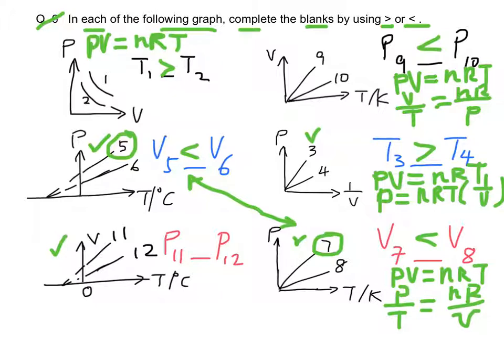For this graph, V against T in degrees Celsius, you can compare the graph with the graph of V against T in Kelvin temperature. For this one, since it is a graph of a line, the slope is higher. Therefore, for this one, graph 11, the slope is also higher. By comparing these two graphs, we have P11 is smaller than P12.